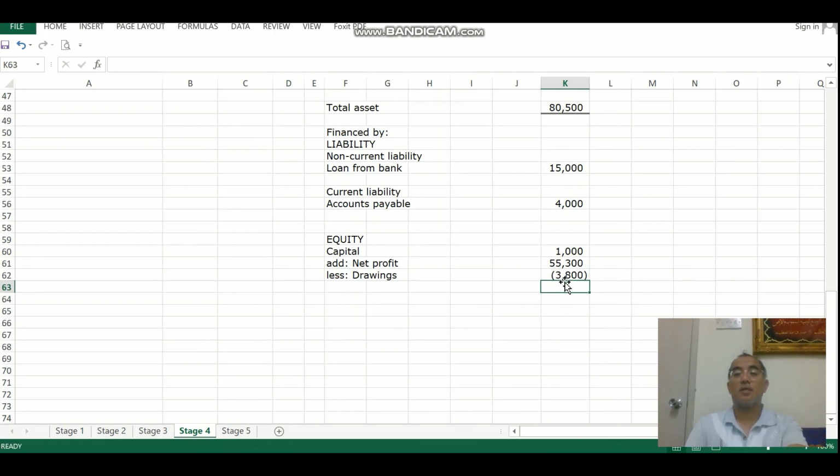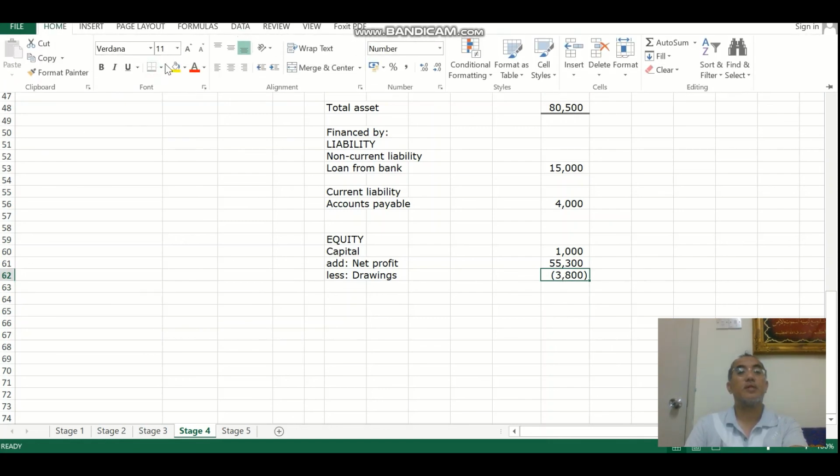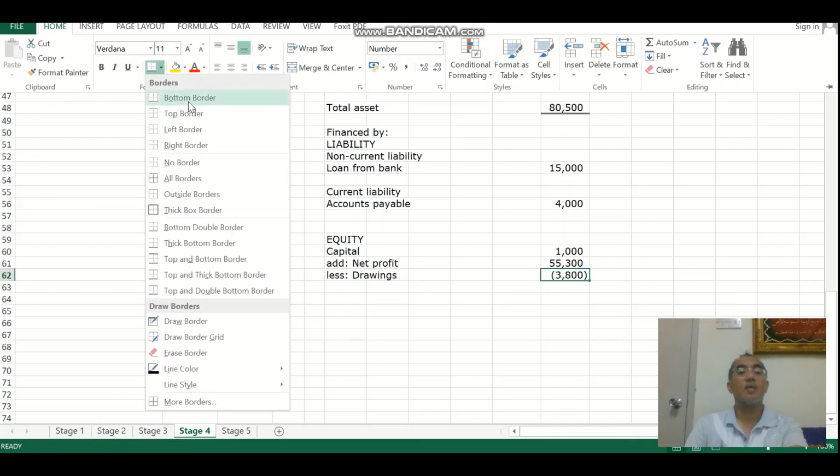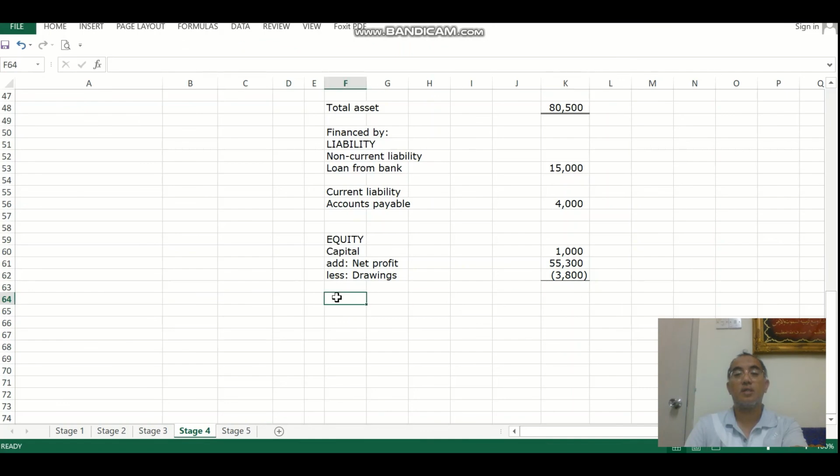Okay. Now let us find the answer. What is the total liability and equity?